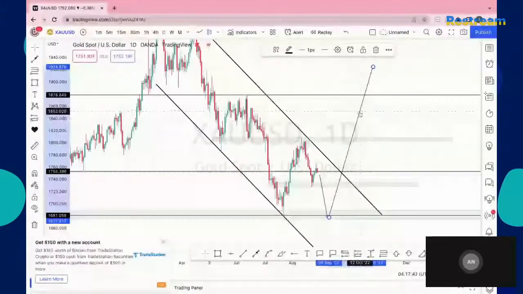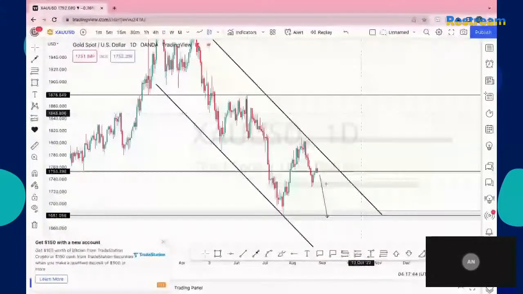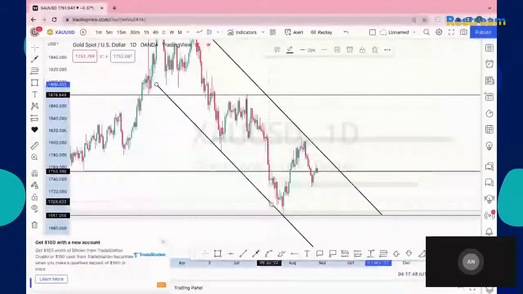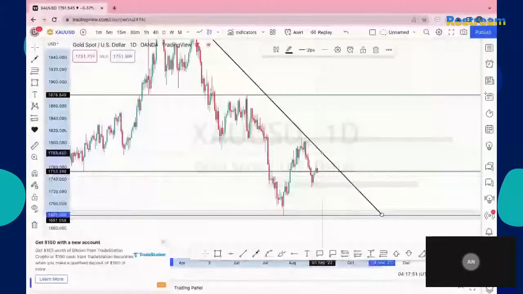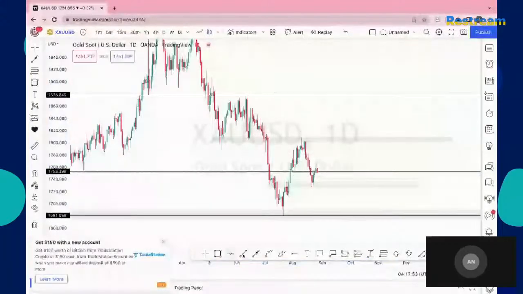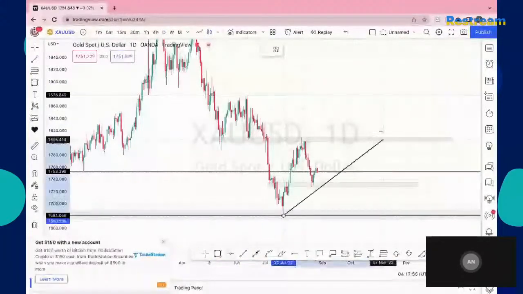Within all of this, I'm just going to remove this zone, this trend line. With all of that, we can see we've got this happening here.